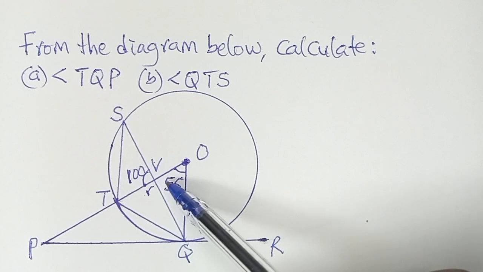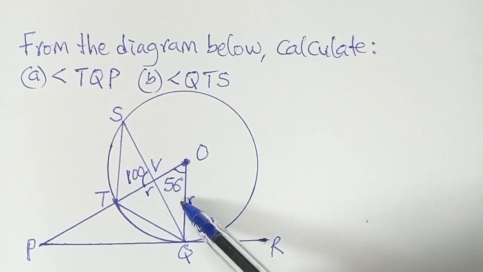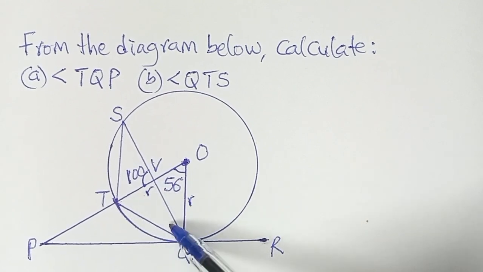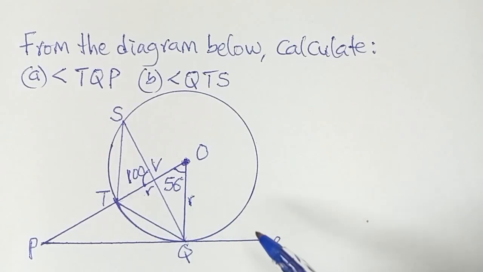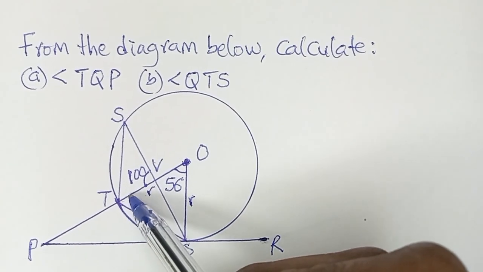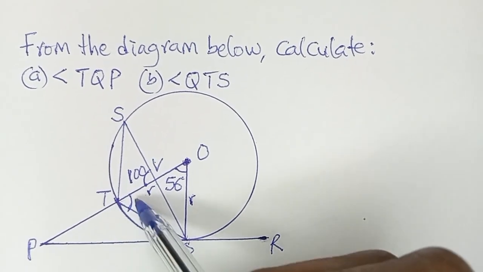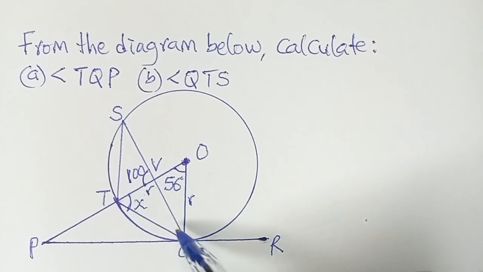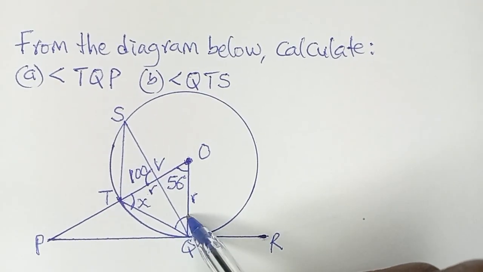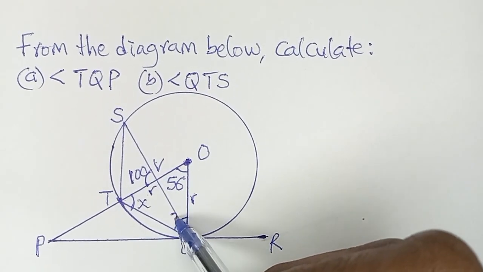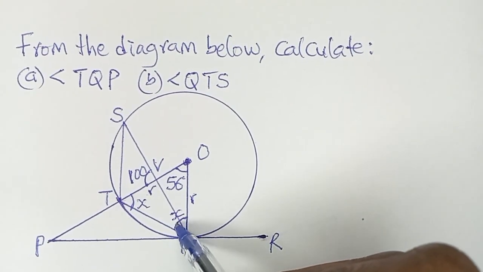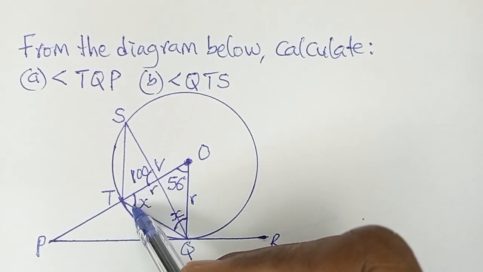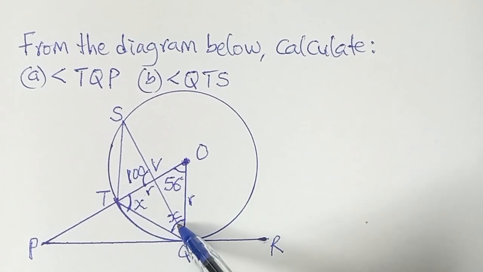So the theorem from that isosceles triangle states that the base angles of an isosceles triangle are equal. So that means if this angle, for example, is x, this other angle here will also be x, because the base angles of an isosceles triangle are equal.